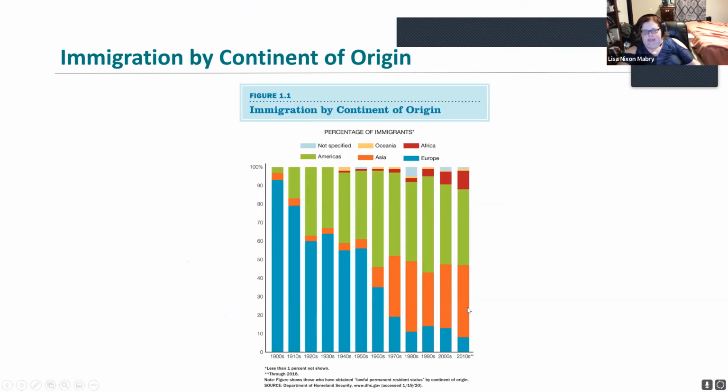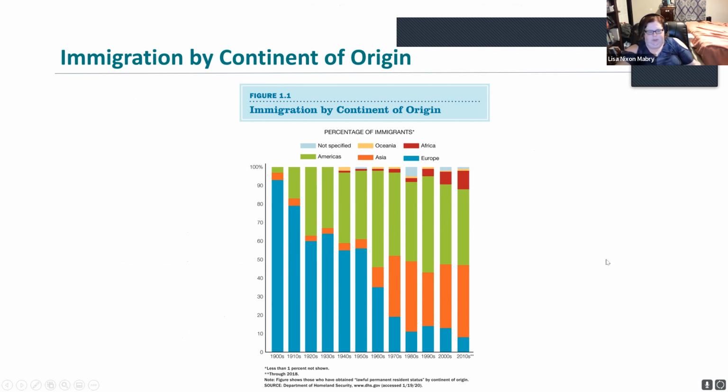We have seen an uptick in Asian immigration after that ban was lifted, right? Not a lot from Oceania. We don't have a lot of folks in general in Oceania. We've seen a slight uptick in Africa, but we don't have a lot of people coming from there. And then not specified, I guess it didn't get tracked.